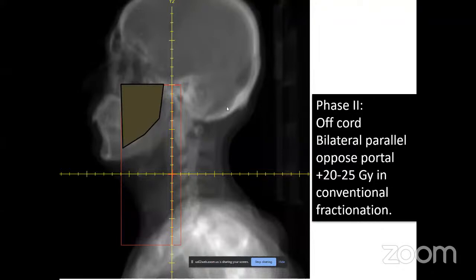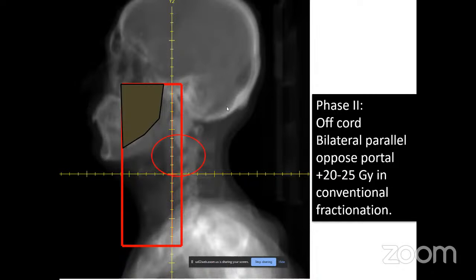And this is after giving 45 to 46 gray. We need to reduce the posterior border from the spinal cord anteriorly, and usually we keep the posterior border at the mid vertebral body or at the junction of anterior 1/3 and posterior 2/3. And you should continue the blocking of oral mucosa like this if you do not have MLC.